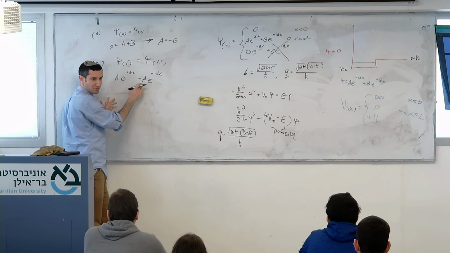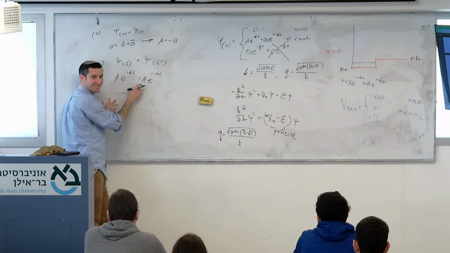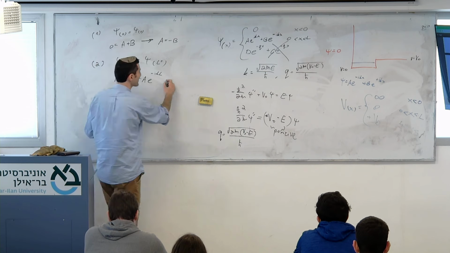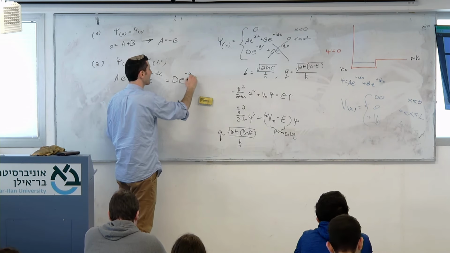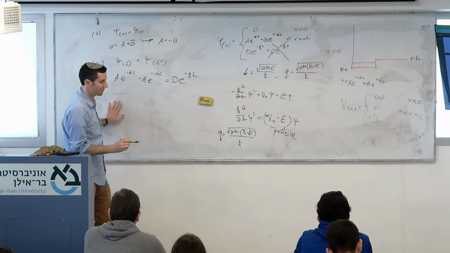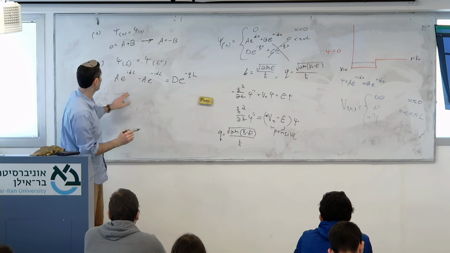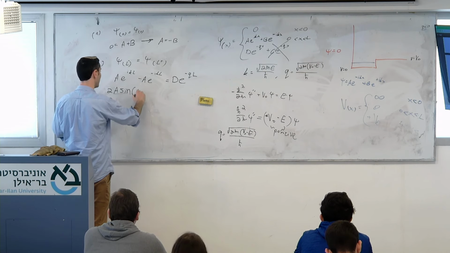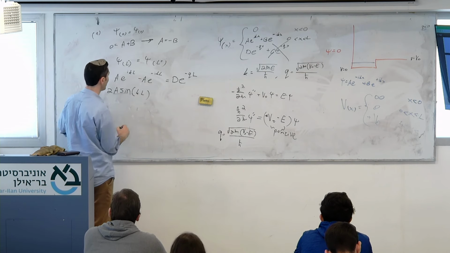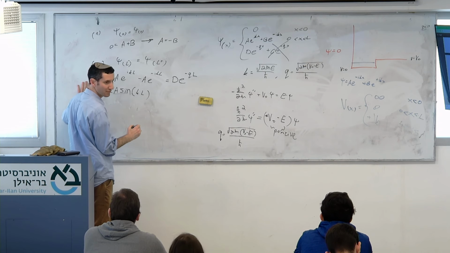Instead of B, I wrote here minus A. This must equal D e to the minus qL. This is simply 2A sine KL. Am I correct here? You're missing an i, right?